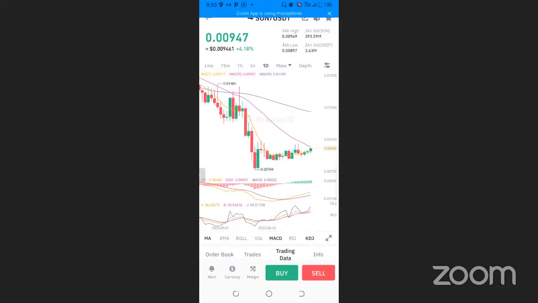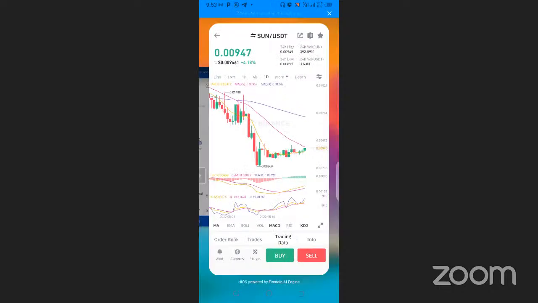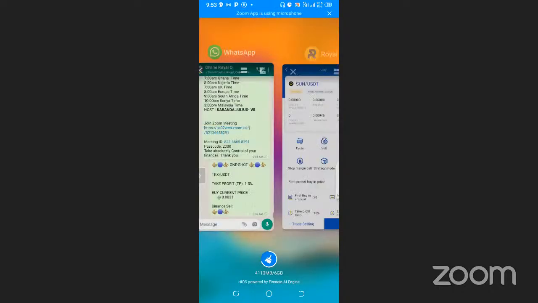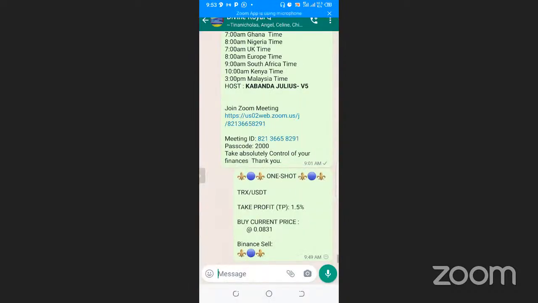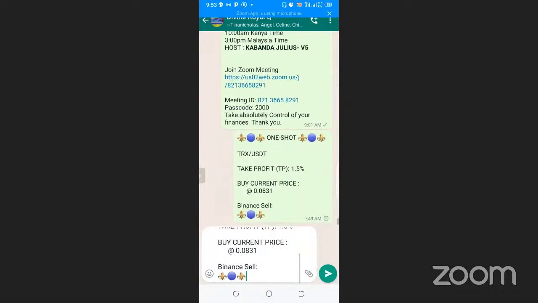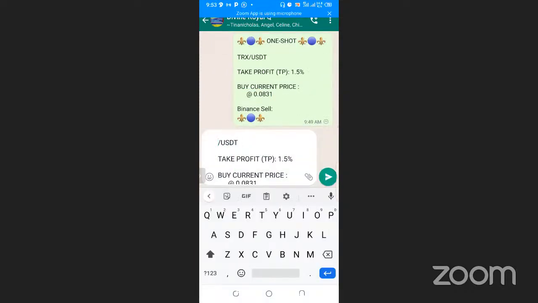In the next 24 hours, the next coin we have to trade is what? XRP. Let us go to XRP, the more preferable to us.